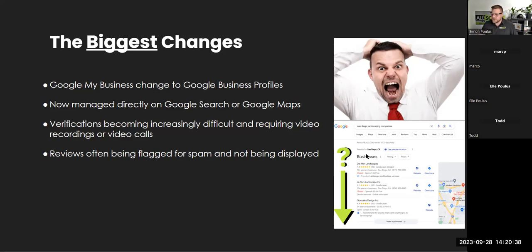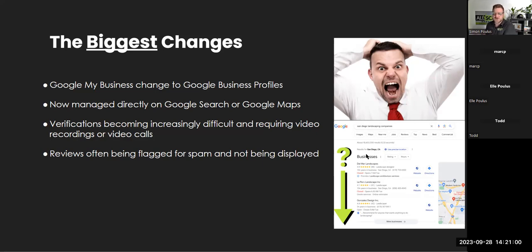So reviews are often being flagged for spam and not being displayed. The algorithm looks at hundreds of different factors when you're looking to verify a listing or when a review gets placed. It looks at the email account or Google account that was used to write the review. Where does that person normally reside?